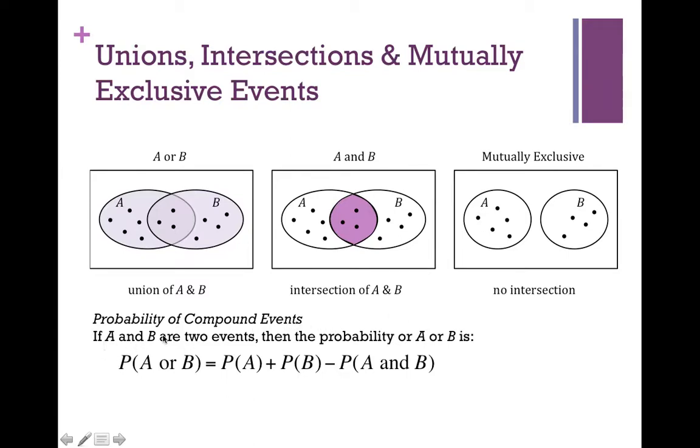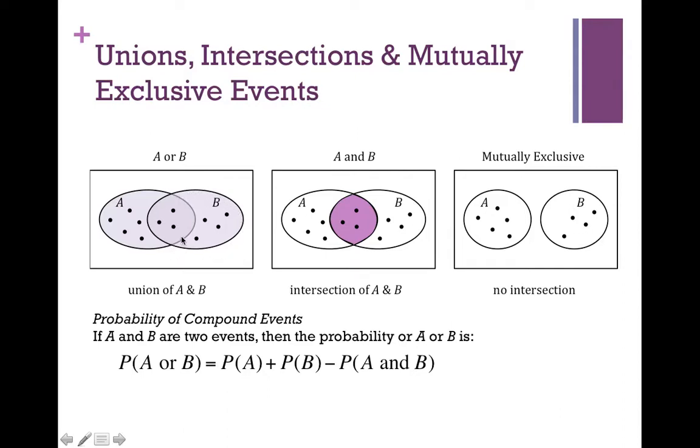Compound events are when you're looking for the probability that A or B is going to happen. So in order to find the probability of A or B, which is the union, so that's the situation over here, we can take the probability that A will happen, so anything in this circle would count, plus the probability that B would happen, so anything in this circle would count.